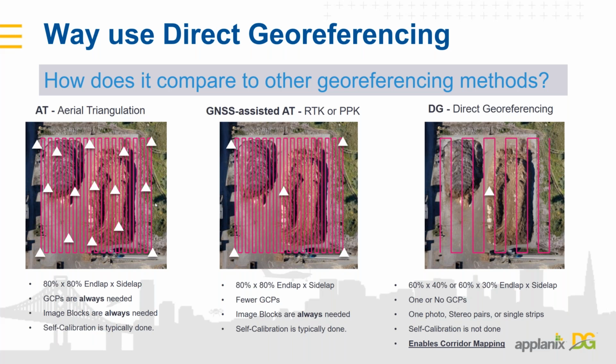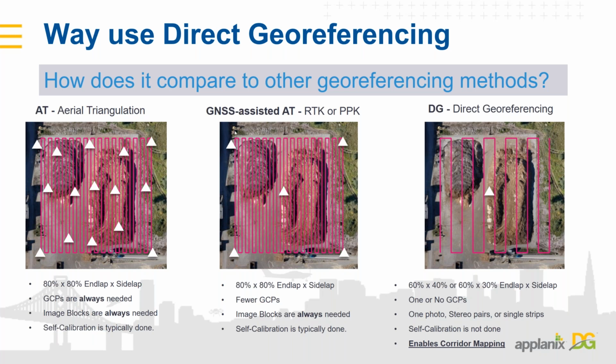What this allows us to do is either fly twice the area that we would typically fly with the other two methods, or fly the same area in half the amount of time. Or you can look at it this way: you can essentially extend your battery life by using direct georeferencing, because now you can cover twice the area that you would otherwise be able to cover with the other two methods. So that's really the value of direct georeferencing.